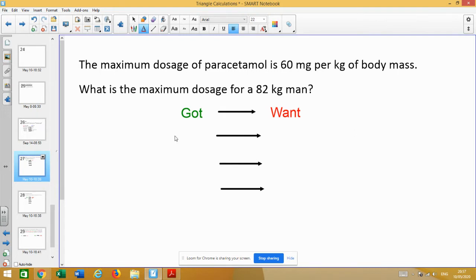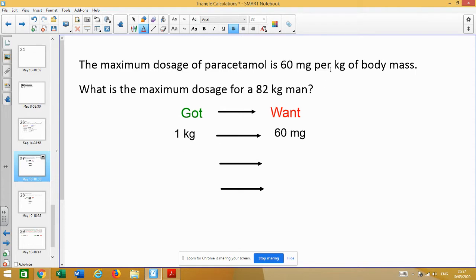So what we've got then is we know that 1 kilogram of body mass is going to give us, we can take 60 milligrams of paracetamol.